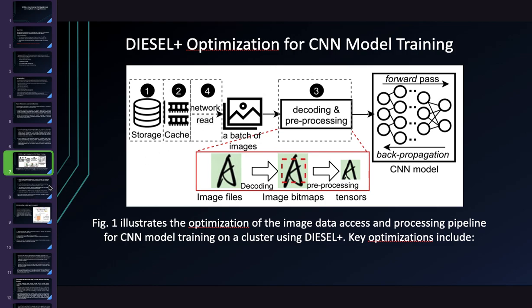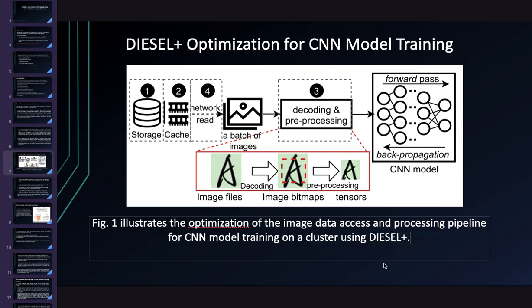In Figure 1 we can see an illustration of the optimization of the image data access and processing pipeline for CNN model training on a cluster using Diesel Plus.